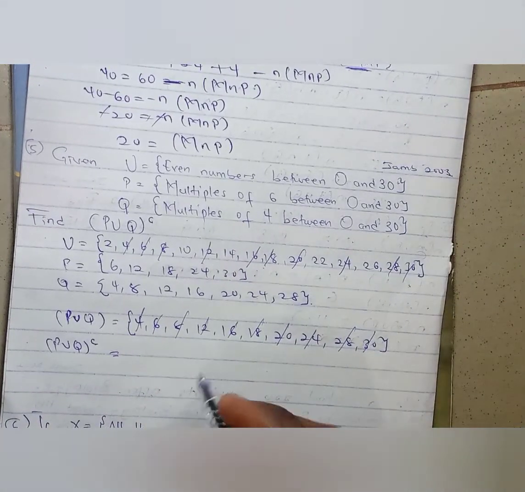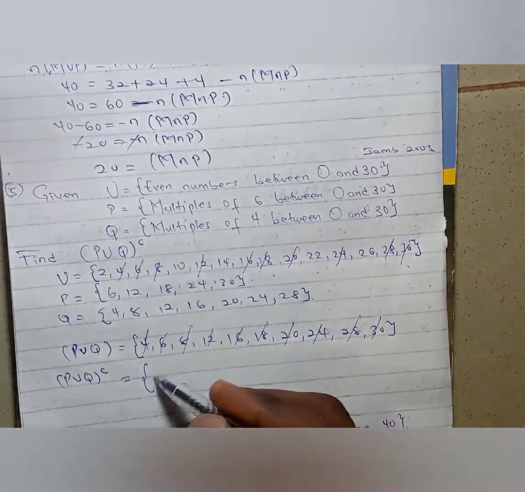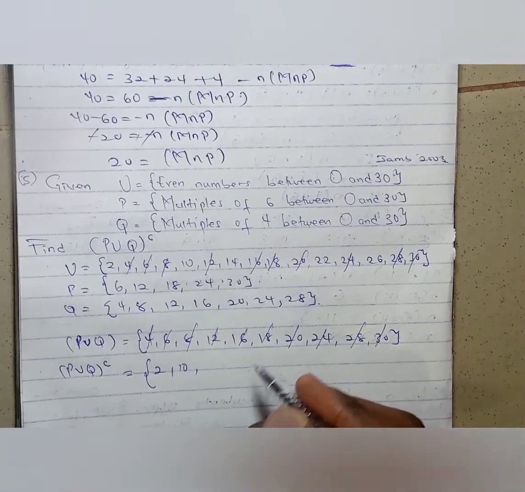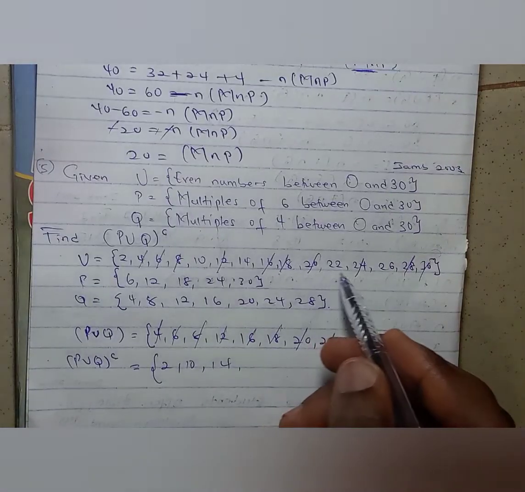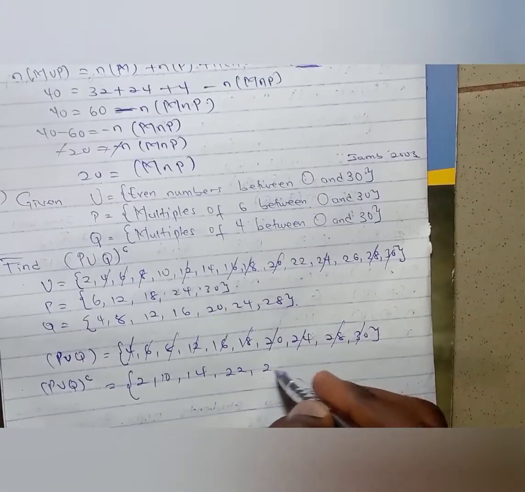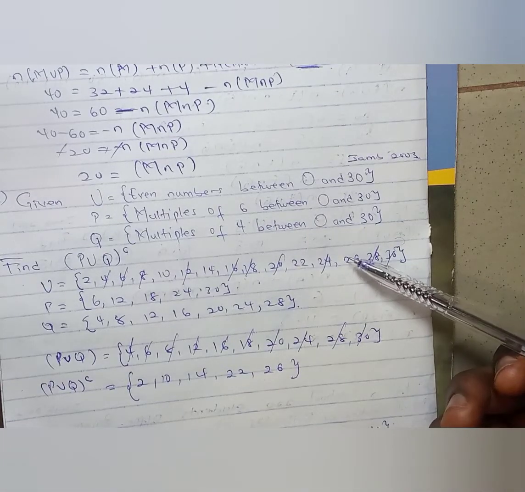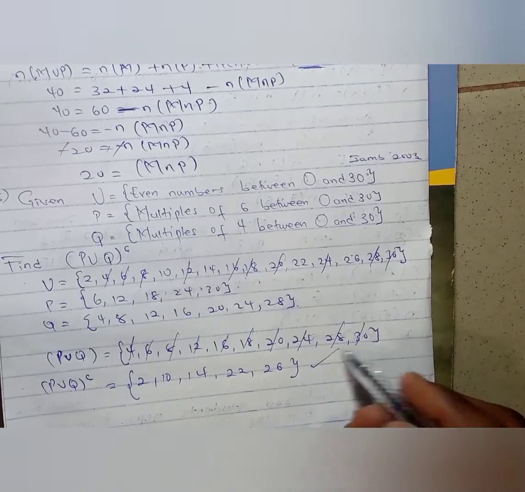So P union Q complement is 2, 10, 14, what else? 22, right? And 26. All members of the universal set which are not found in P union Q. So this is correct.